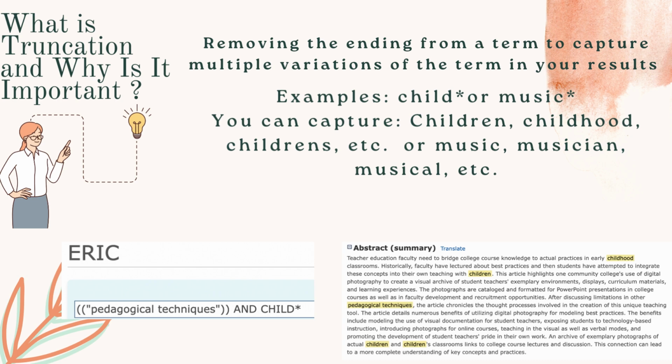So, say for instance, that I want to capture all instances of not just the word child, but also childhood, children, children's, etc. Or the same with music. I also want to capture music, musician, musical, musicality, etc. Truncation comes to the rescue.